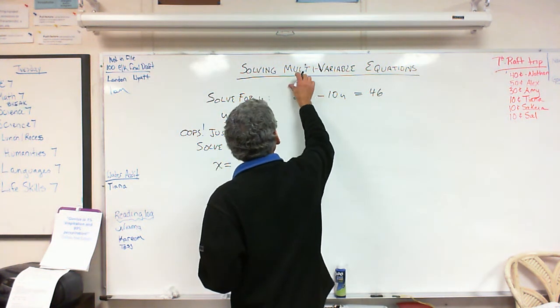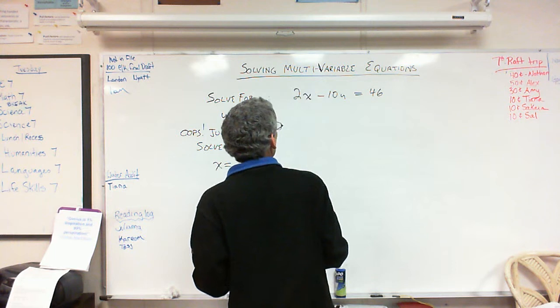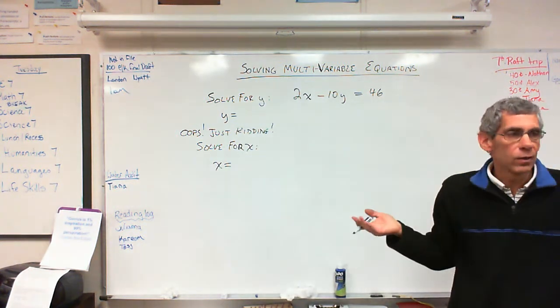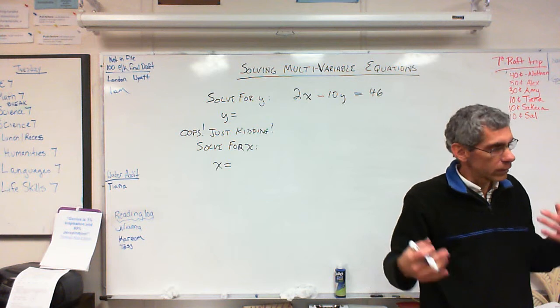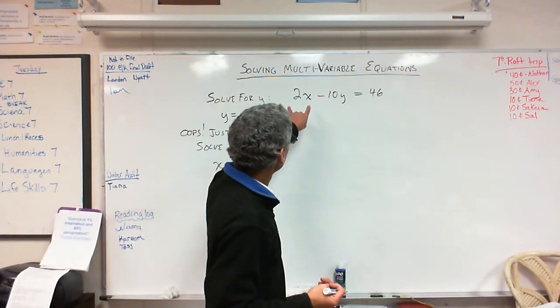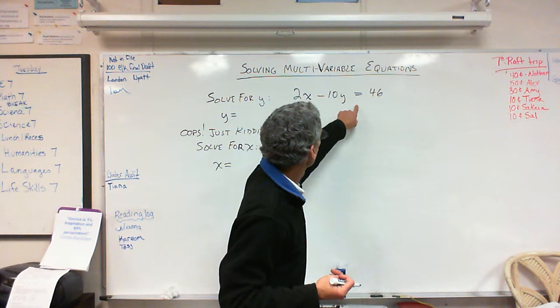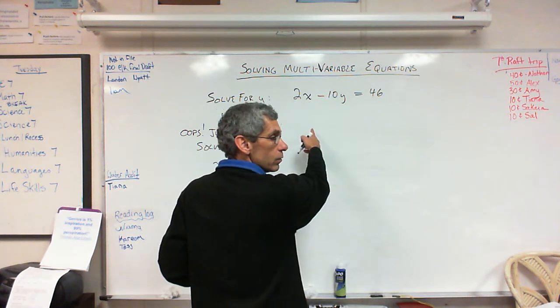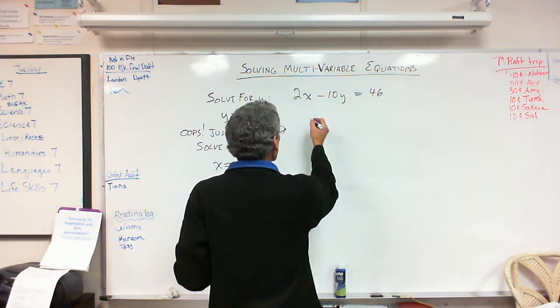So suddenly we have 2x minus 10y is equal to 46. What do I do? I'm now supposed to solve for x. So Liam, what would you do first? Get rid of 10. I want it to say x equals. What's in the way of it saying x equals? So what do I do?